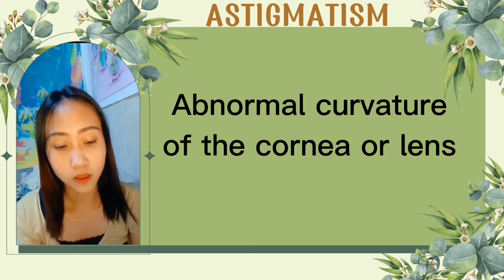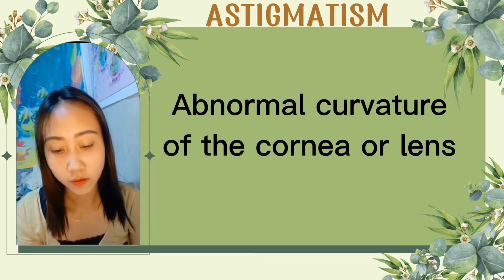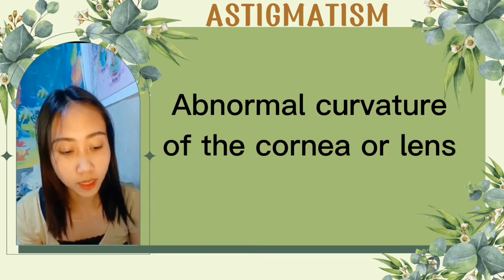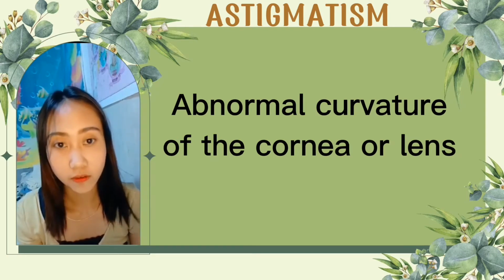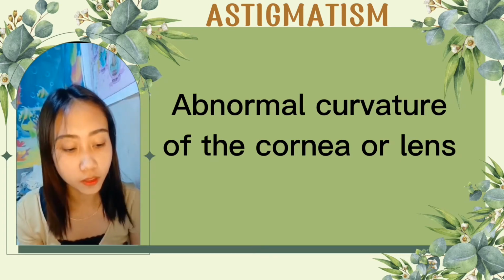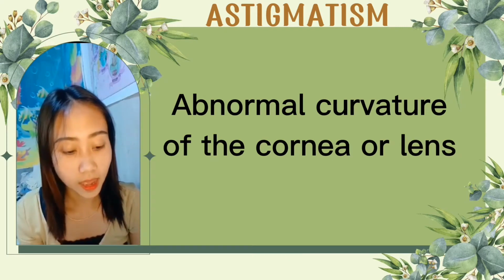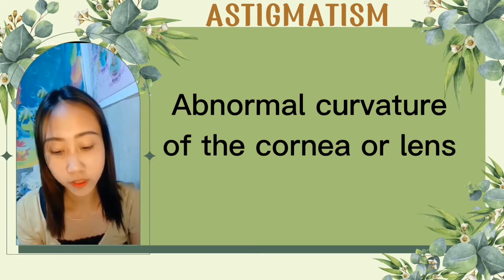Astigmatism is a common and generally treatable imperfection in the curvature of the eye that causes blurred distance and near vision. Astigmatism occurs when either the front surface of the eye, the cornea, or the lens inside the eye has mismatched curves.